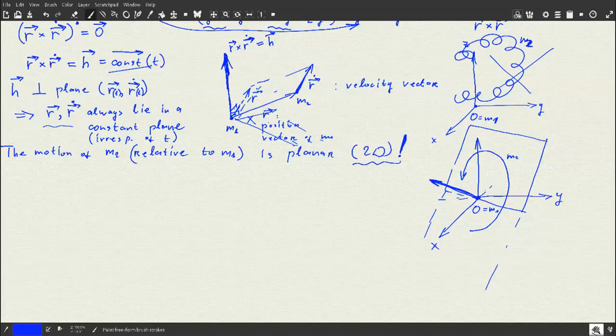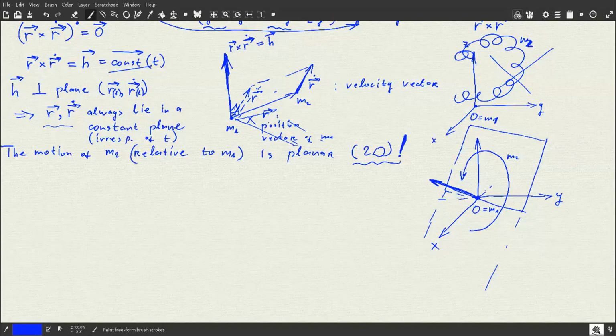And secondly, vector r dot also lies in this plane, and this means that there is no velocity component which tries to move our body out of that plane. So indeed, the motion occurs in the same plane. Is it clear enough?